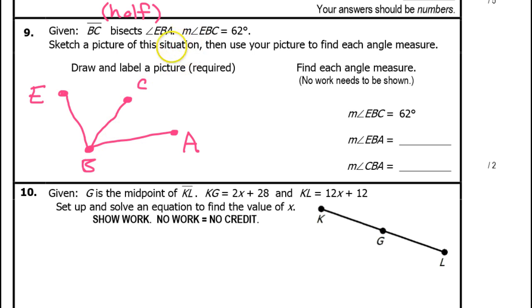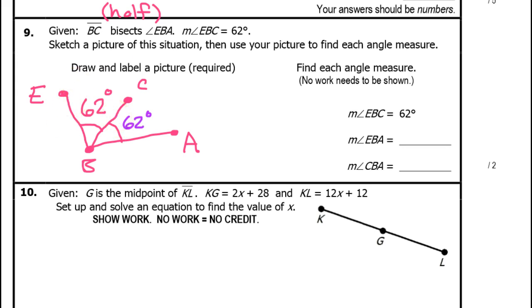Okay, now these two angles should be congruent because BC cuts EBA in half, two equal halves. We are told that angle EBC is 62. So EBC is the first angle right here. It is 62 degrees. That means that angle CBA must also be 62 degrees because these are the same.